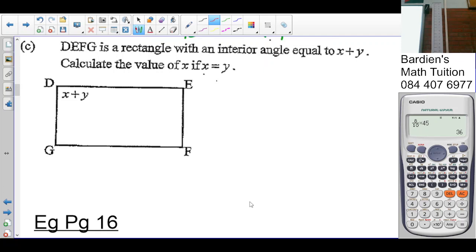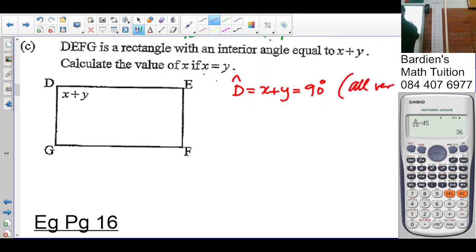So angle D is equal to x plus y, which is equal to 90 degrees. Why is that the case? Is it given to us? No. All vertex angles equal 90 degrees in a rectangle. Can you see that, people? You all understand it, no? 90.